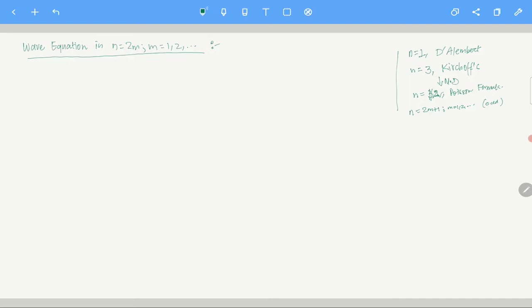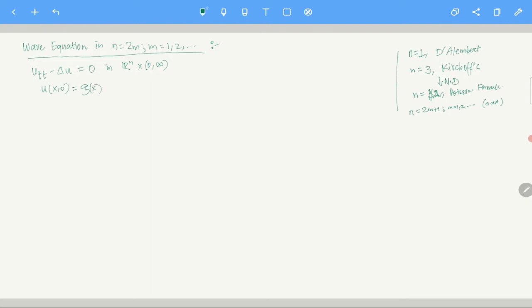Let me start with the problem and then we can go from there. The equation is u_tt minus Laplacian of u equals 0 in R^n cross (0, infinity). u at the point (x, 0) equals g of x, which is given to us.